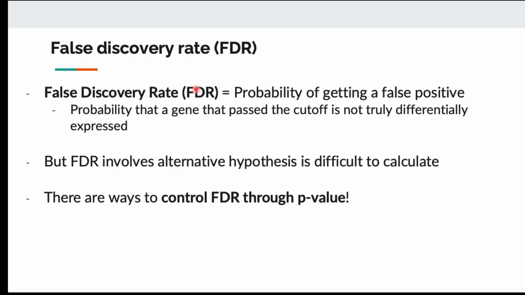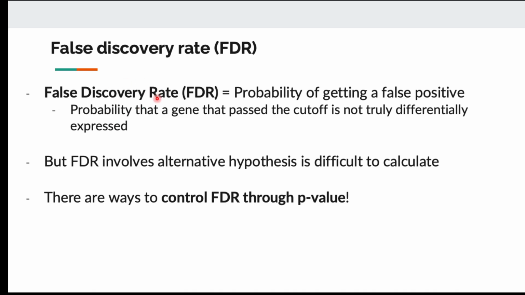If you identify 100 genes as significant at a false discovery rate of 0.05, it tells you directly that out of your 100 genes, you expect 5 of them to be false. So you have 5 errors in your result.